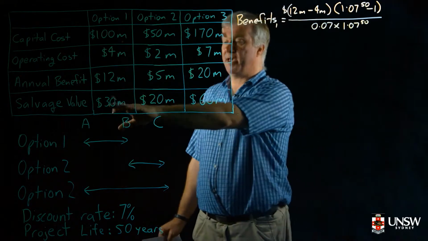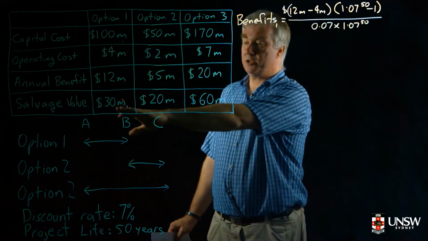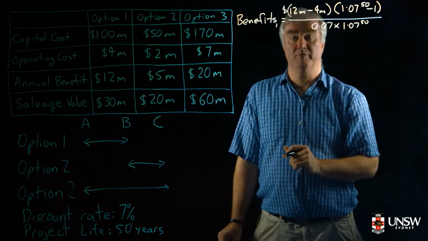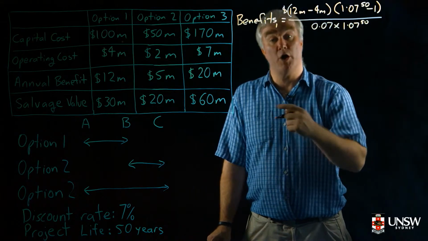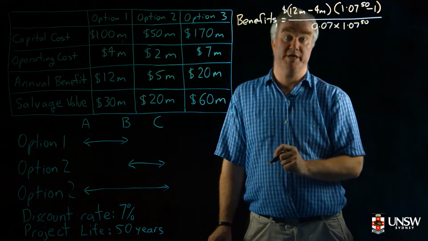We also have our salvage value that we get in the future. Now this $30 million is made up of all of the earthworks that we don't have to repeat when we rebuild the road at the end of its project life.